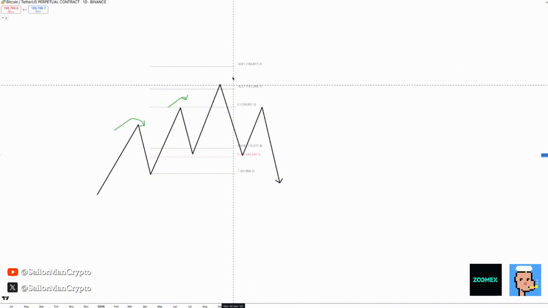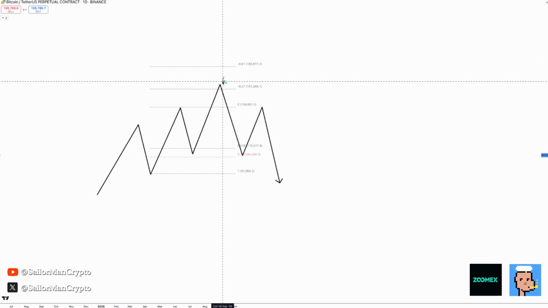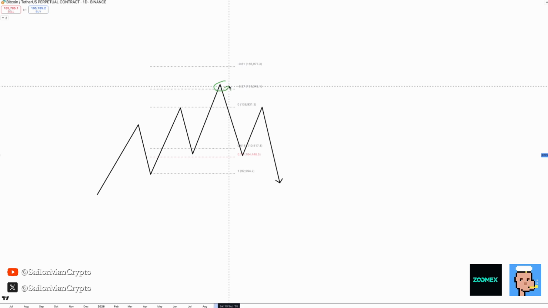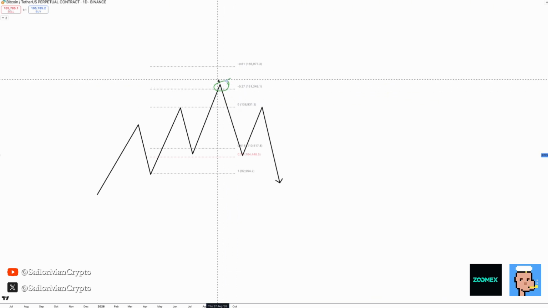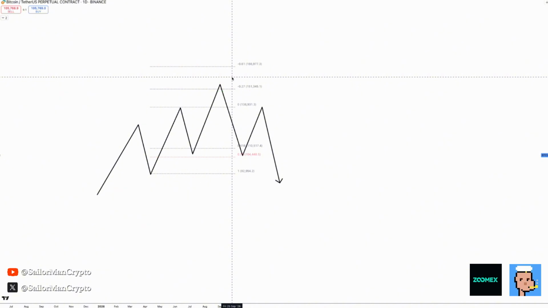Once you have seen this move, you can expect that this three drive is the local high, and from here there will be a potential price reversal, and you will see later that there are two ways that you can trade this move. So this is the super textbook explanation of what the three drive is.